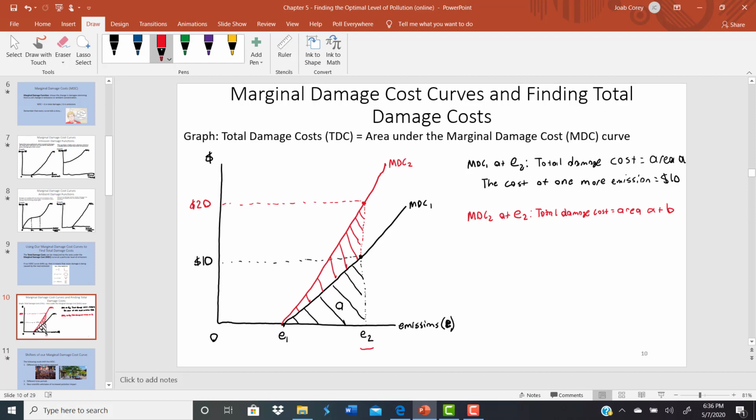So if this is area B, if you add A and B together, that's going to be our total damage cost when we're at E2 if we're on the MDC2 curve, right? And the cost of one more emission, again, it's going to be important that you know how to interpret these curves when we start doing the math here.